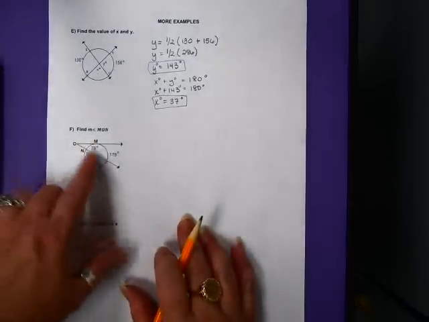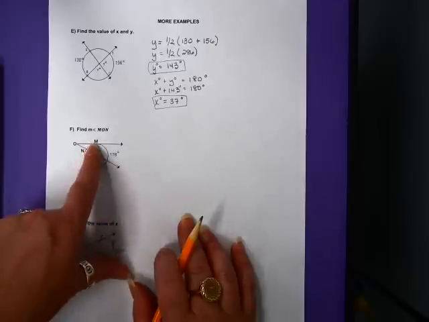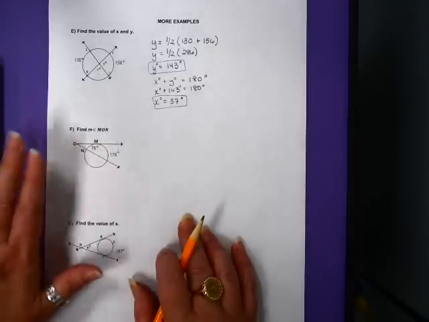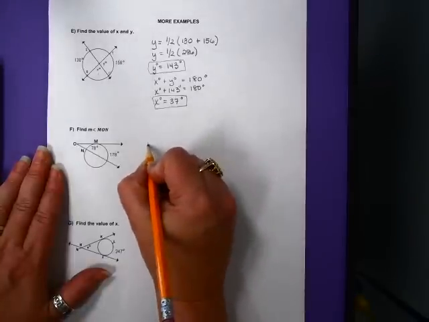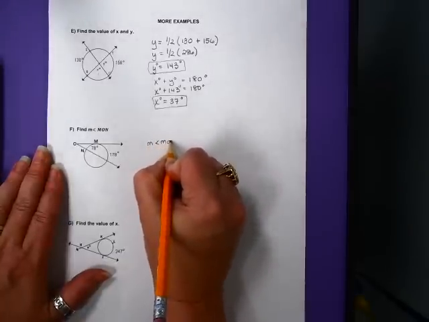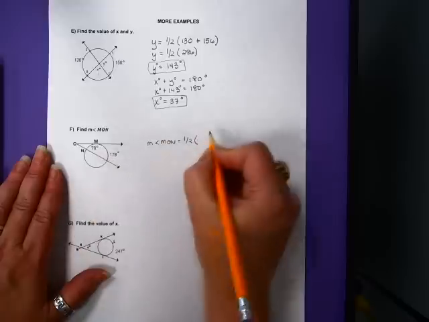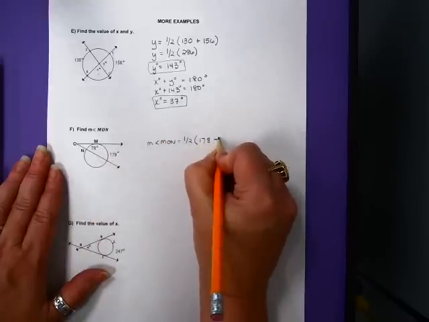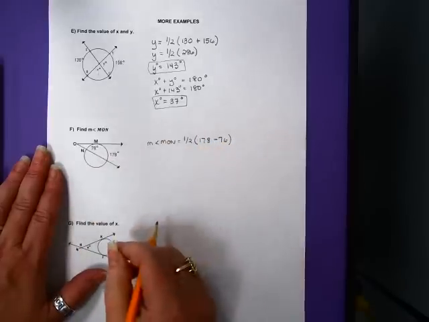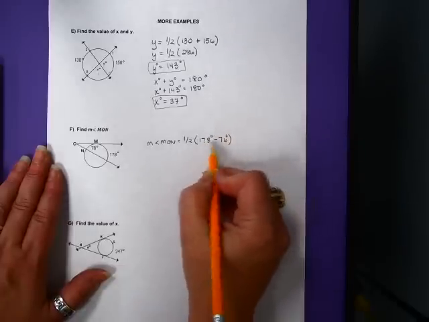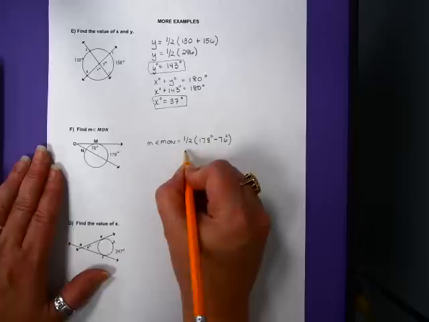All right, the next one. Here we have an intersection. We've got a tangent and a secant, and the intersection is outside, so this is the subtraction one. To find the measure of angle MON, it's going to be 1/2 the large one minus the small one. The large one is 178 minus 76. 178 minus 76, that's going to be 102.